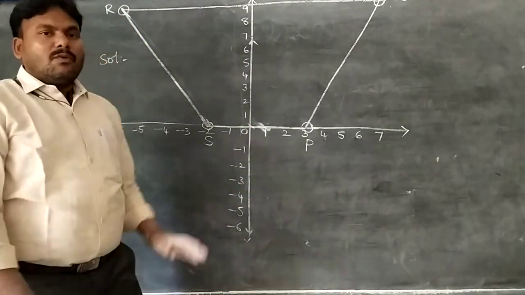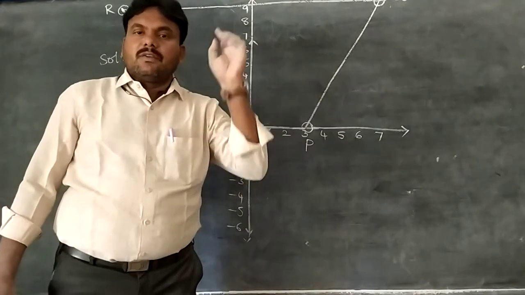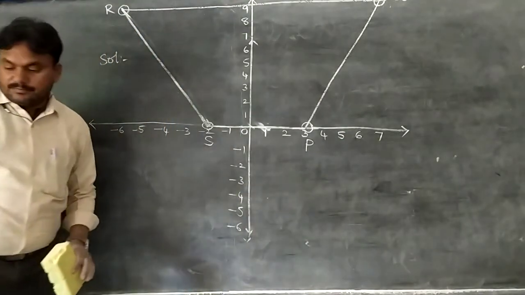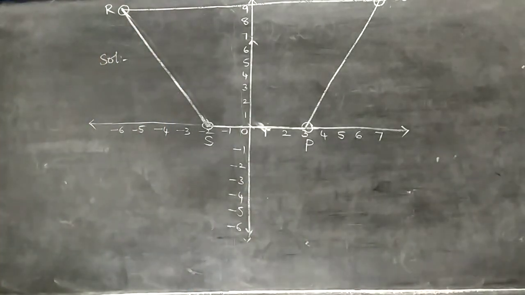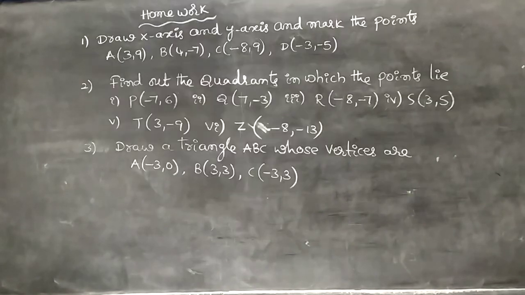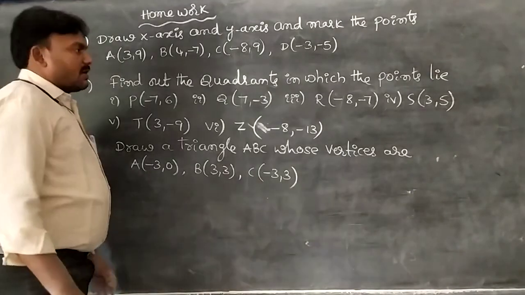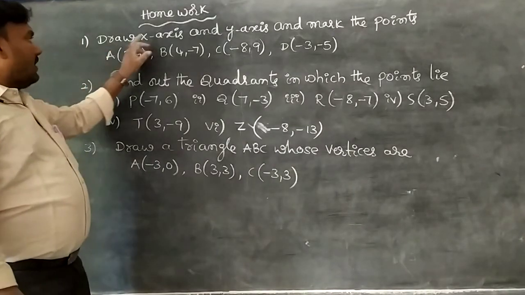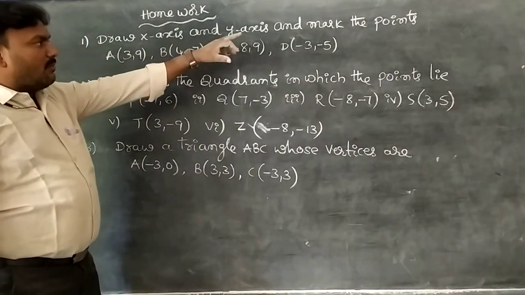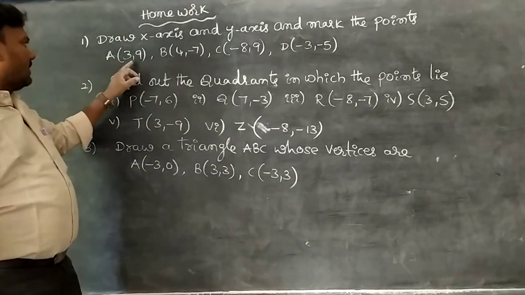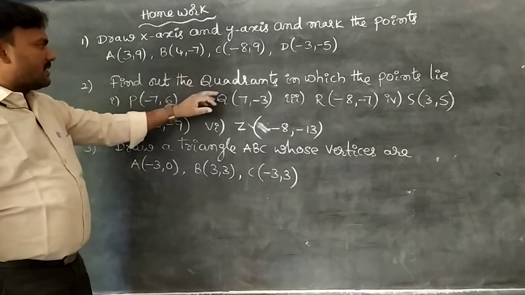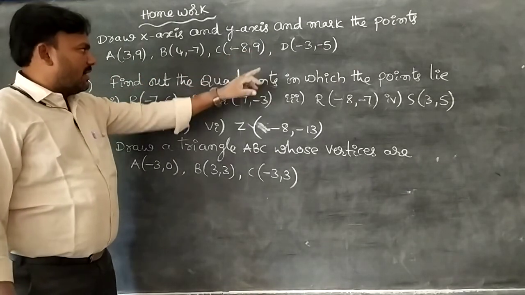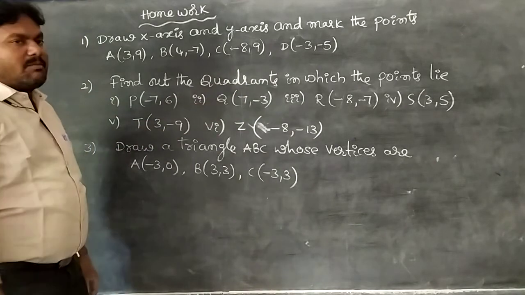And I gave 4 homework problems, learn carefully, students. Observe the homework problems. First, draw the x-axis and y-axis and mark the points A(3, 9), B(4, -7), C(-8, 9), and D(-3, -5).